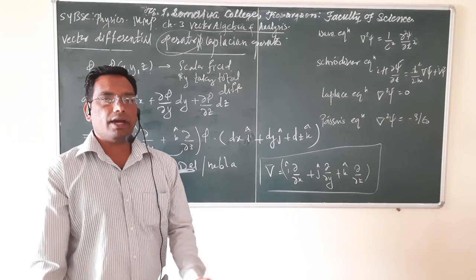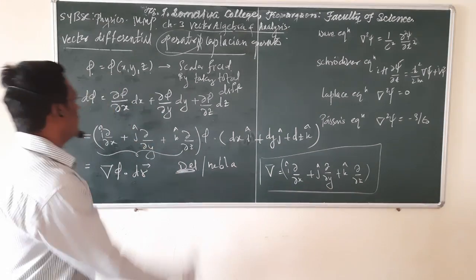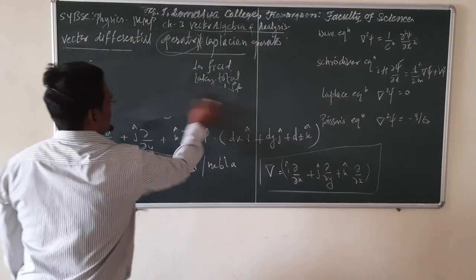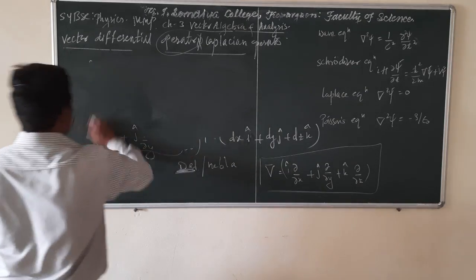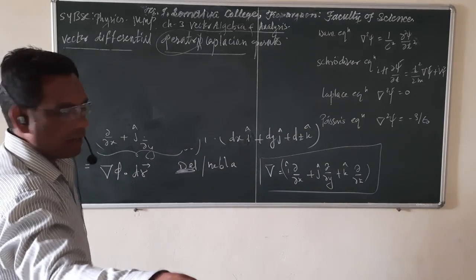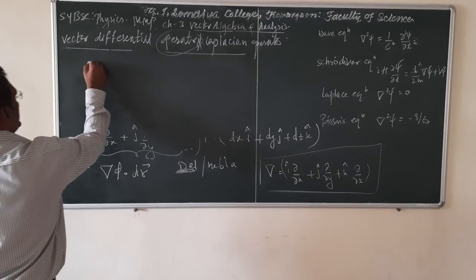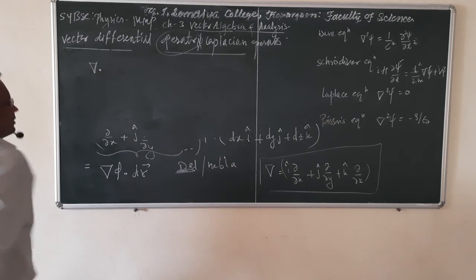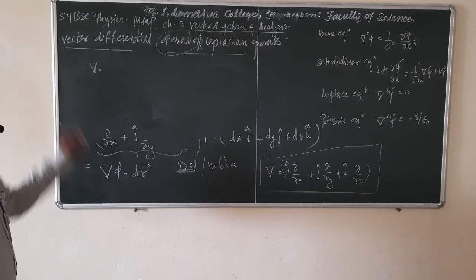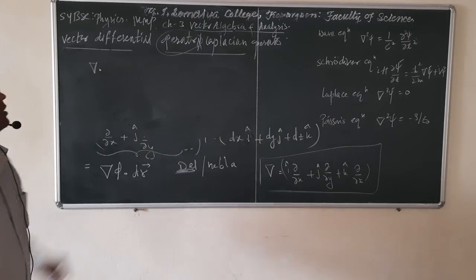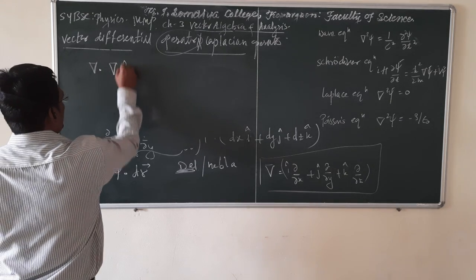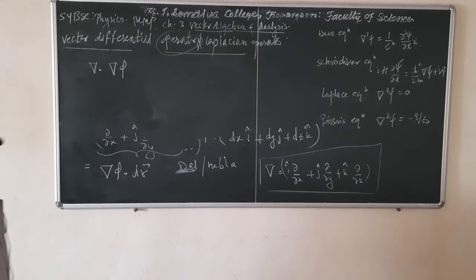To find it, suppose we take del dotted with the gradient of phi, or del dotted with del.